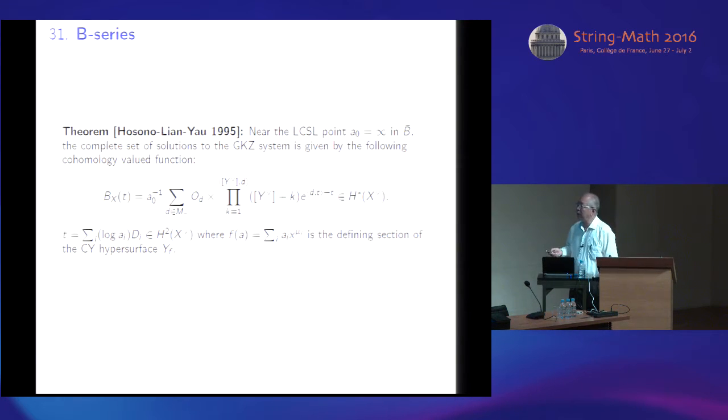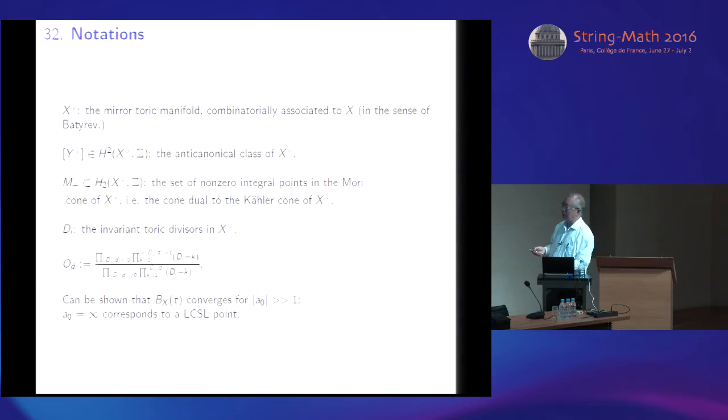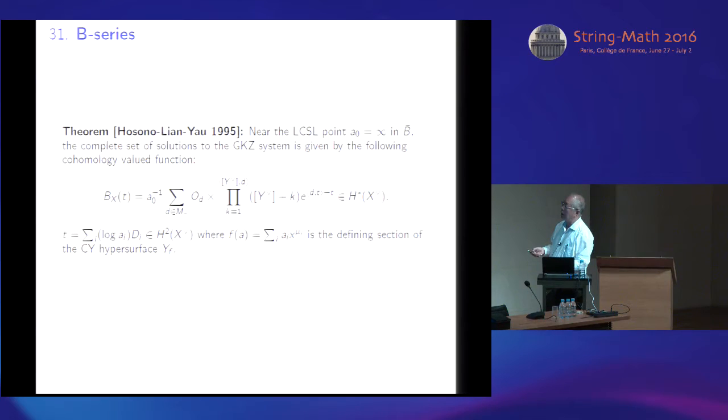Okay? So we define a function in this way, where t is equal to log a_i, and D_i, which I will define a little bit later, namely D_i are the invariant toric divisors in X hat.